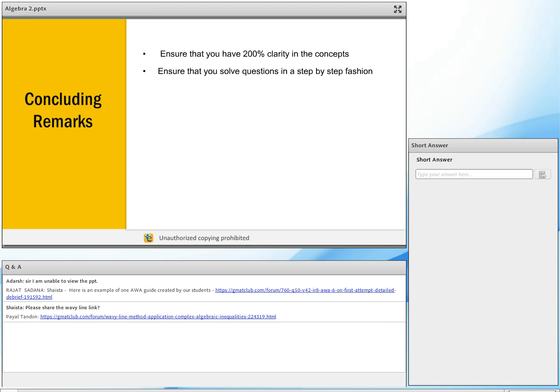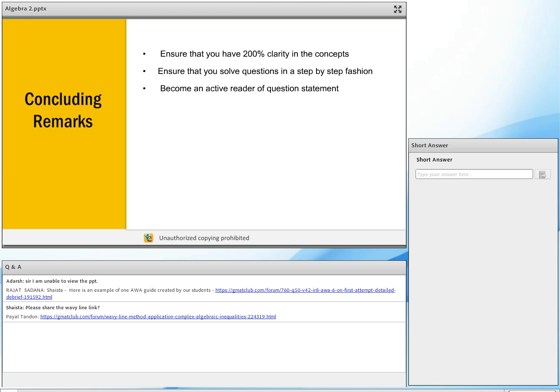As soon as you have that solidified step-by-step approach, you will see that the kind of clarity you have in your mind when you're solving questions is going to increase tremendously, because you're not unnecessarily wasting your time trying to find tricks or trying to find different shortcuts to solve questions. You are completely focused on how to solve questions in a methodical manner.